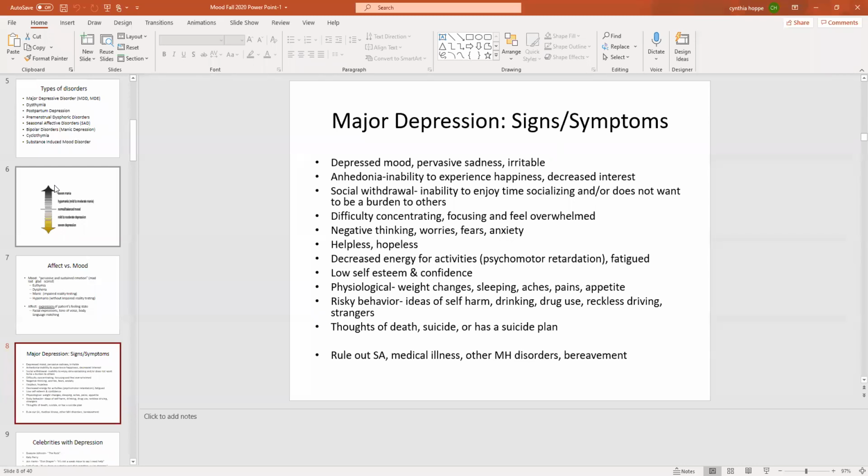They start to focus in more on themselves. They worry more. They look at things negatively, their life negatively. Also, difficulty concentrating and feeling overwhelmed. I think I addressed the negative thinking, they feel helpless and hopeless.